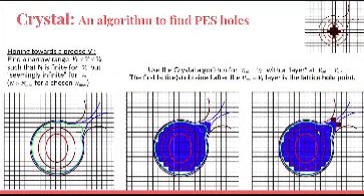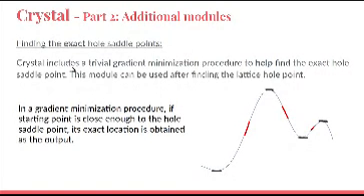Now the hole lattice is not exactly the same thing as the hole saddle point because lattices are discrete, whereas the true hole saddle point lies in the continuous space. So the crystal algorithm includes a trivial gradient minimization procedure to help find the exact hole saddle point.